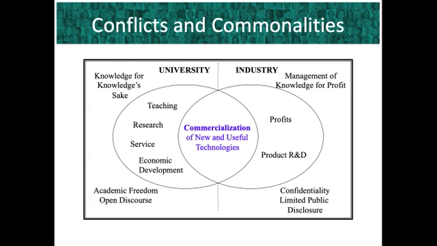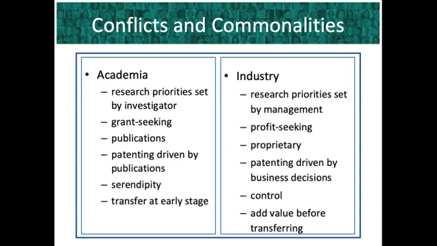Now, there is overlap here, obviously, in this Venn diagram, in that both the university and industry are interested in and benefit from the commercialization of new and useful technologies. There are also differences in the way academia and industry operate.